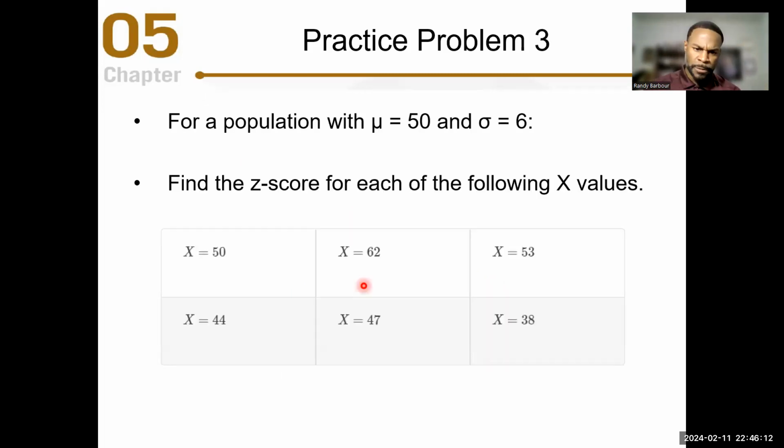All right. For this one, it's self-explanatory, but they're giving you your mean and your standard deviation, and they're asking that you find the z-score for each of the following x values. I'm going to only do this for one. Once you do it for one, you should be able to do it for each of them.